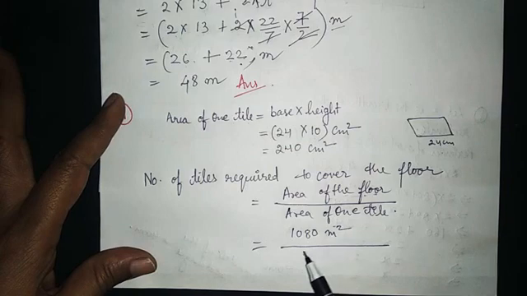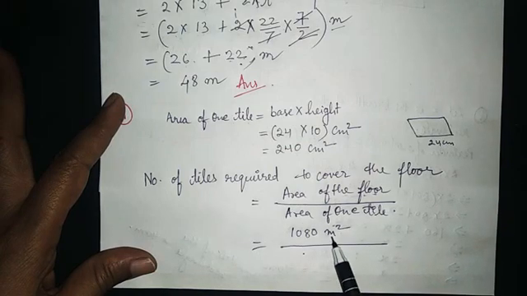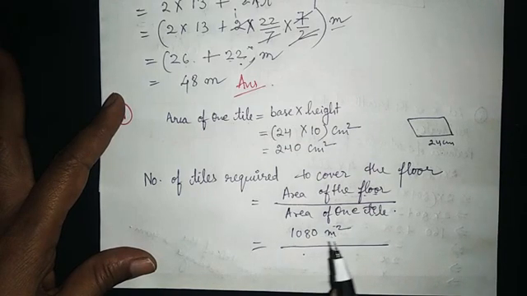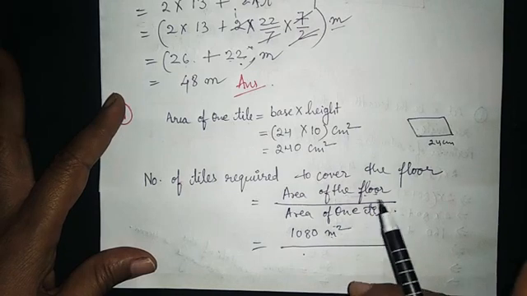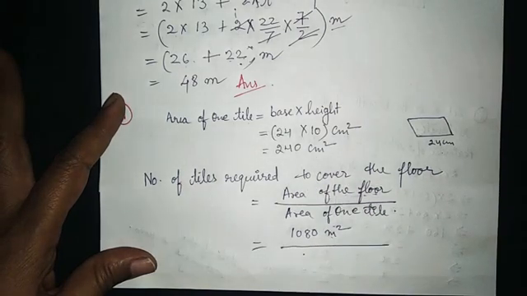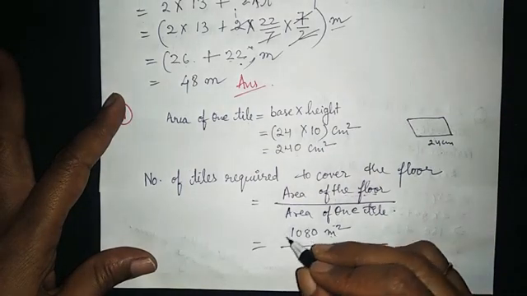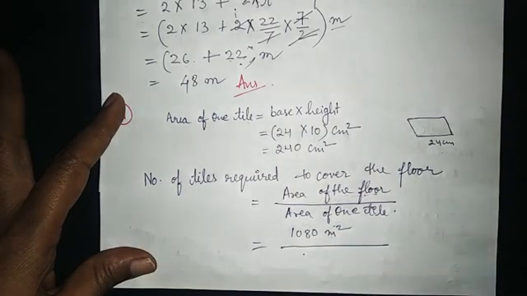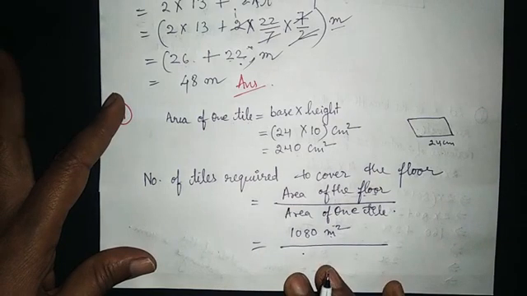So a problem is coming: area of the floor is in meter square and area of one tile you have calculated in centimeter square. So one thing we will do here, we will convert this 1080 meter square into centimeter square.